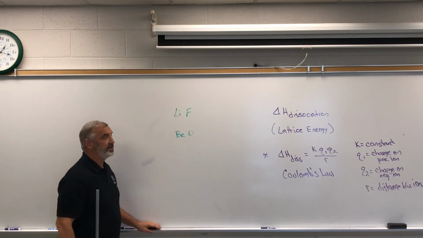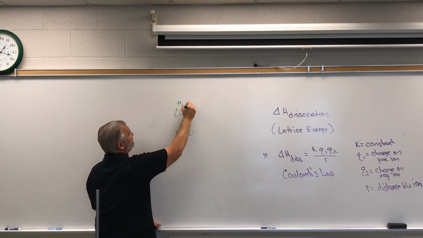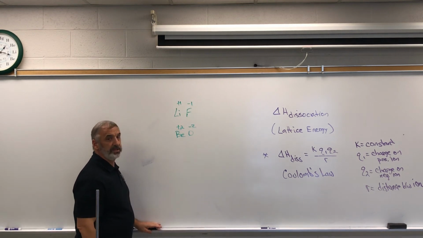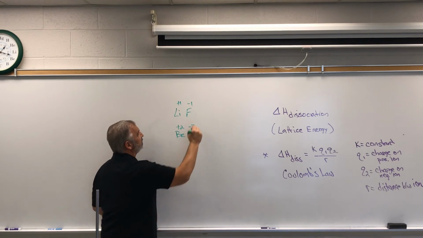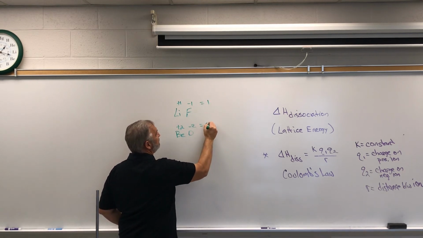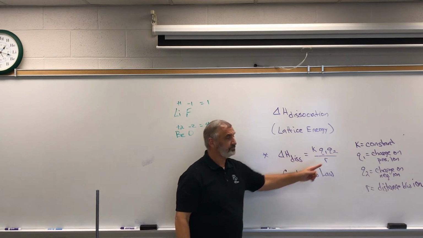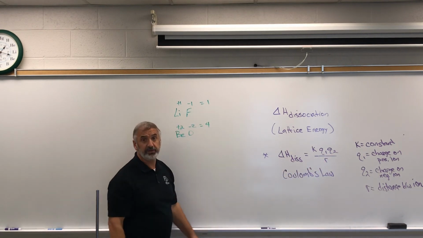Okay? Now this one is going to be +1, this is -1, this is +2, -2. So if I look at the product of the charges, this is going to be 1, this is going to be 4 when I do Q1 times Q2. 4 is obviously way bigger than 1.